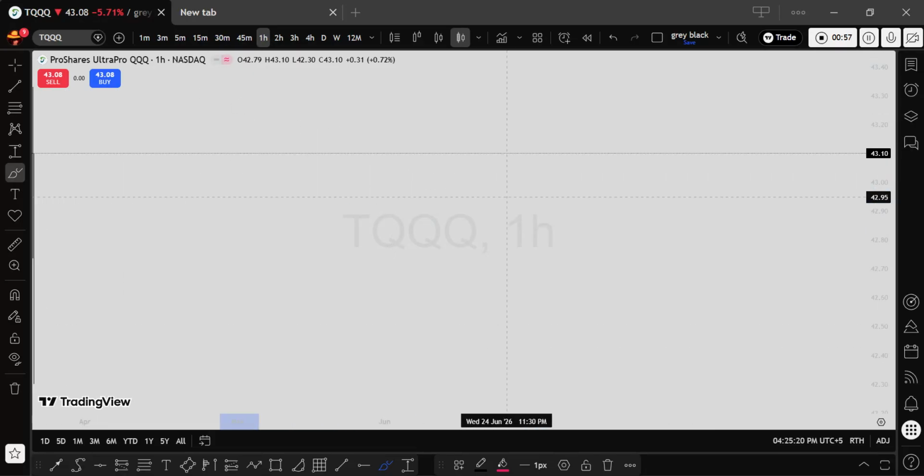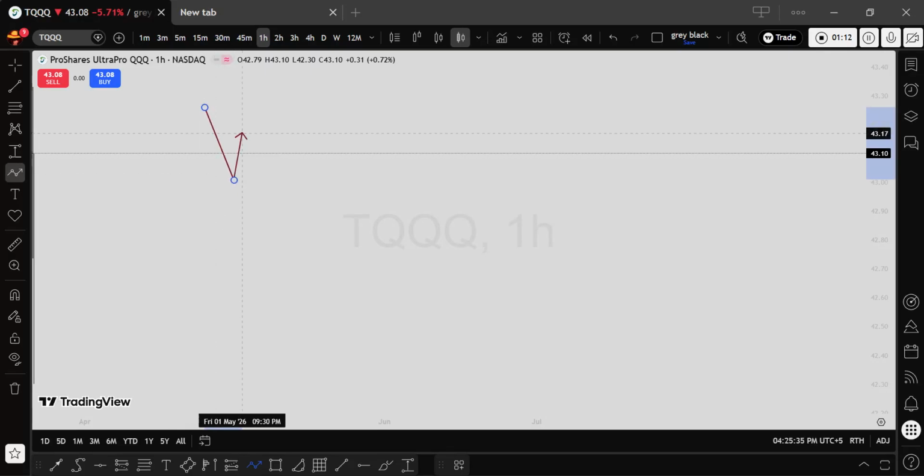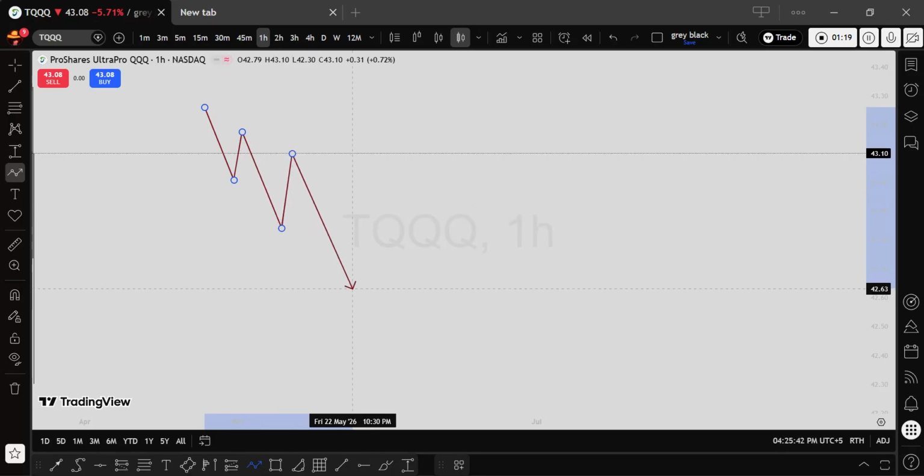So how to spot a liquidity sweep? This is very easy. You need to understand what the trend of the market is before distinguishing a liquidity sweep. If the market is going lower, any trader who is trying to short will short at this price point right here, and their SL will be placed below the recent high.